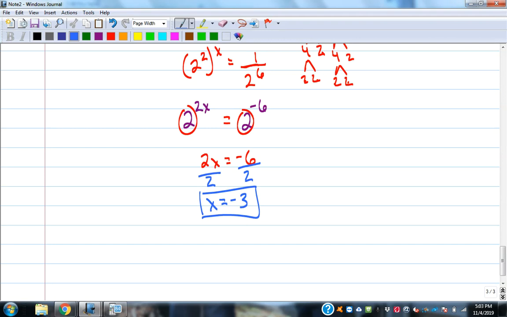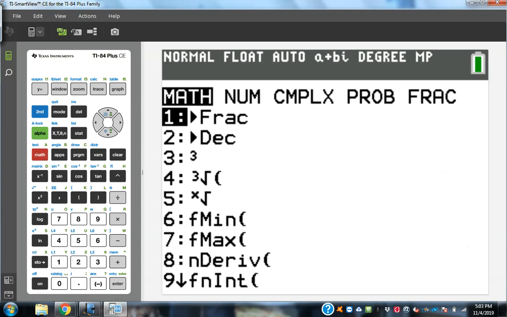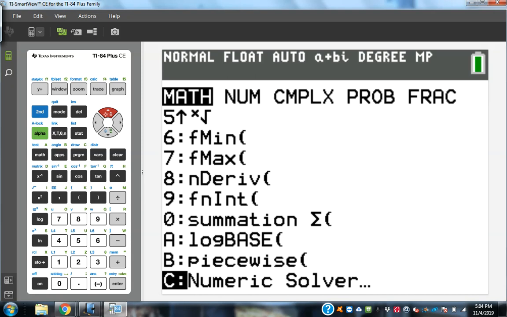Now, with your calculator, you can check that stuff. I'll show you how to do that so that you're not stumbling around in the dark here. So the graphing calculator has a nice function. It's called log base. And to get there, you're going to hit math and then press the up arrow and look for this thing called log base.